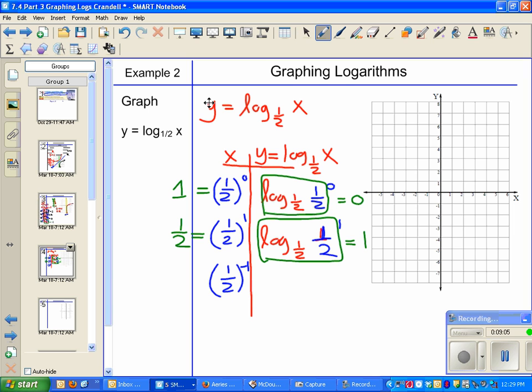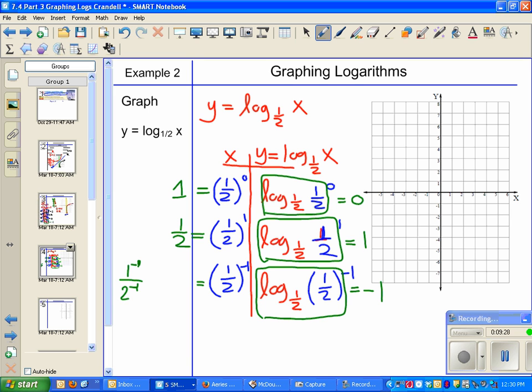My next point is going to be log base 1/2 of 1/2 to the negative 1 power. So right here is the inverse. And so this right side is equal to negative 1. 1/2 to the negative 1 power, well, that's the same thing as 1 to the negative 1 over 2 to the negative 1. So we're going to flip-flop that and get 2 over 1. Okay, so now we have our points to graph.